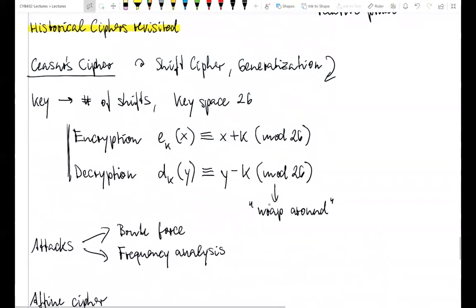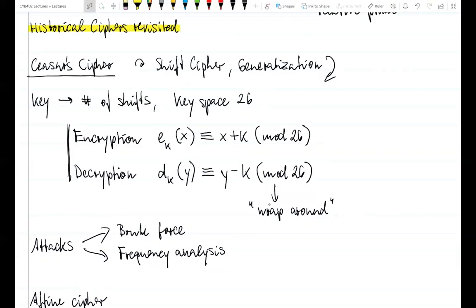So as you know, Caesar's cipher is a shift cipher, and in the old days, Caesar only shifted always by 3 letters. We may generalize this idea and say, okay, let's shift any number of letters.